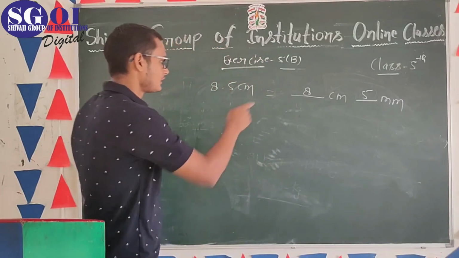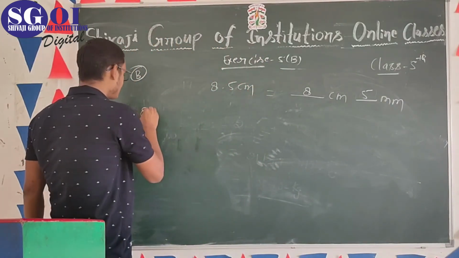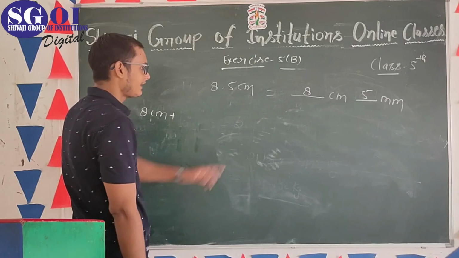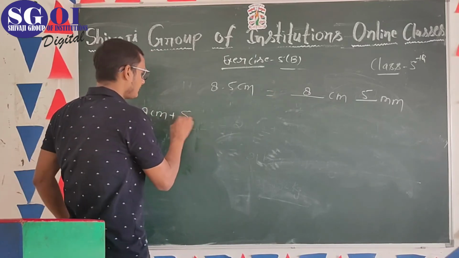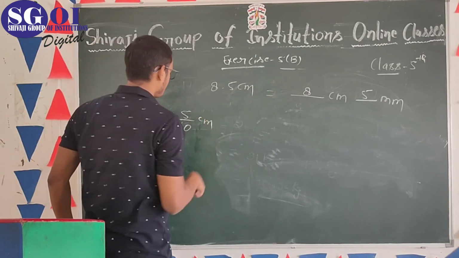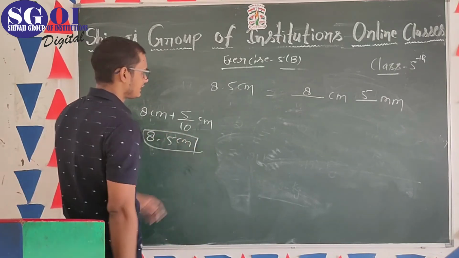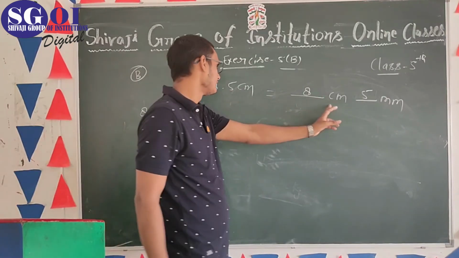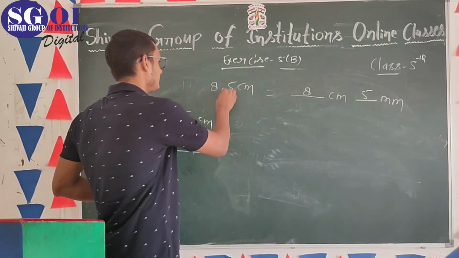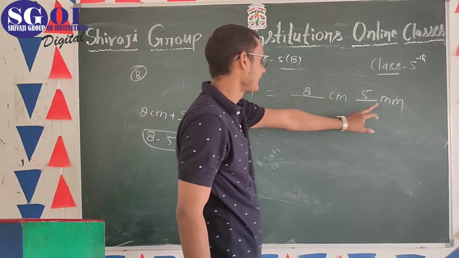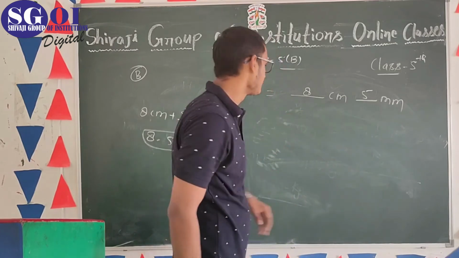How? 8 centimeter plus 5 upon 10 centimeter is 8.5 centimeter. The expanded form of 8.5 centimeter is 8 centimeter 5 millimeter. Understood?